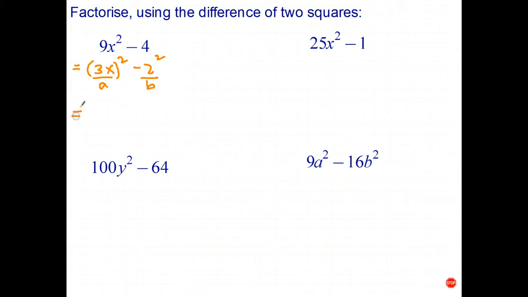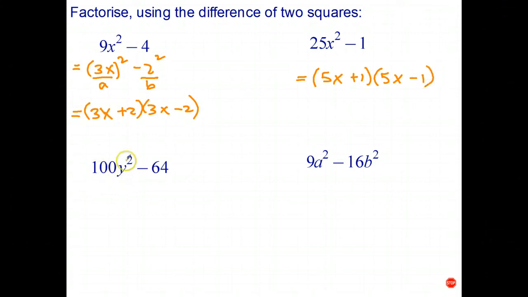So it fits the pattern A squared minus B squared, and that becomes A plus B times A minus B. This one up here, well, if A squared is 25x squared, A is just 5x, and B is just 1, so 5x plus 1, 5x take 1.